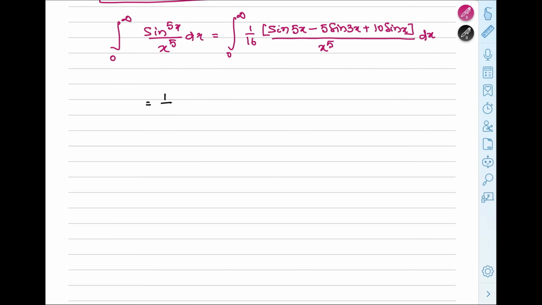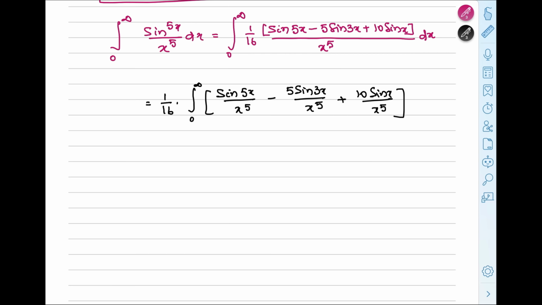You take out 1 by 16 and integral 0 to infinity, we will expand it: sin 5x by x to the power of 5 minus 5 into sin 3x by x to the power of 5 plus 10 sin x by x to the power of 5 dx.